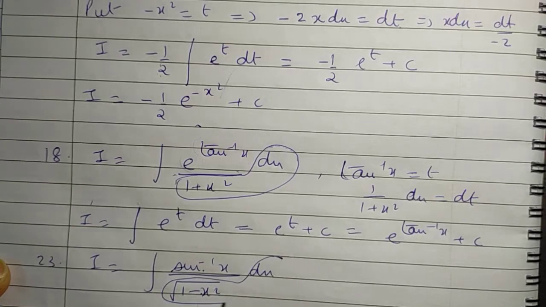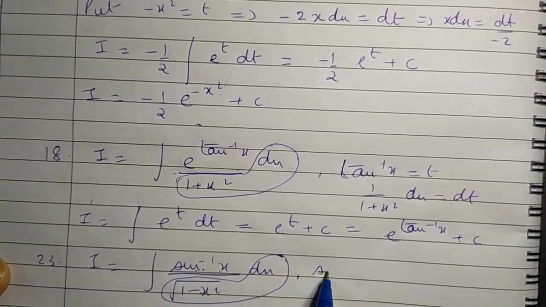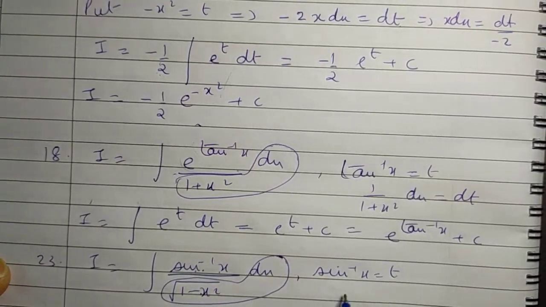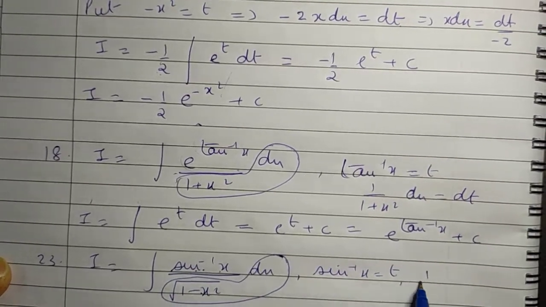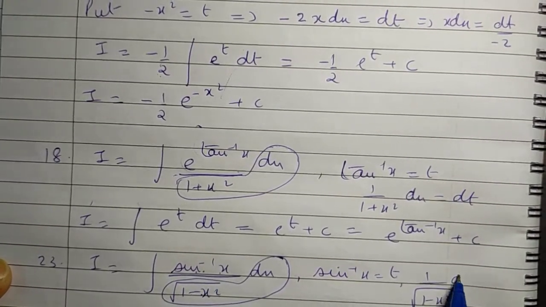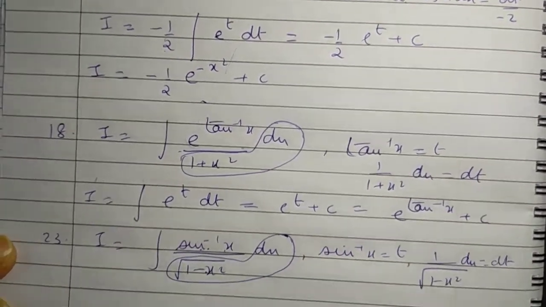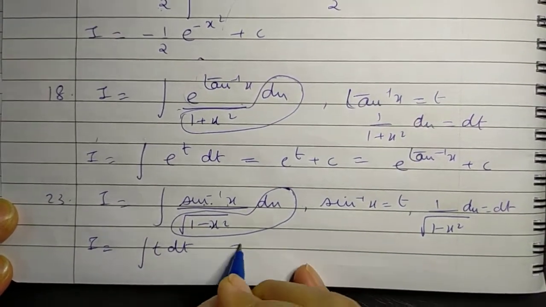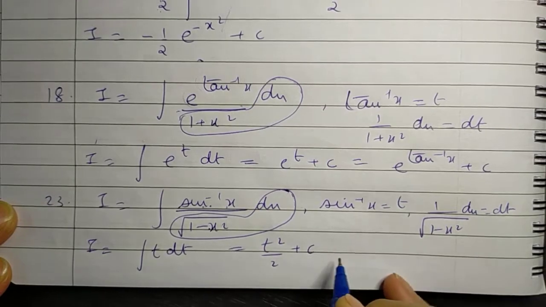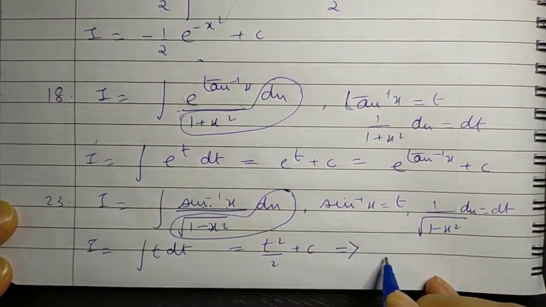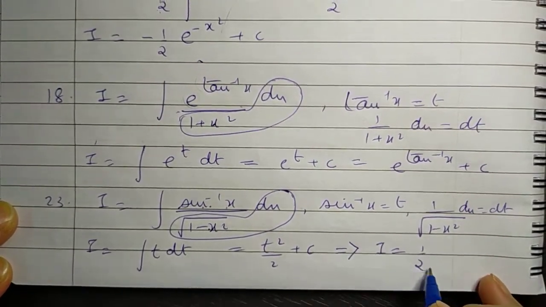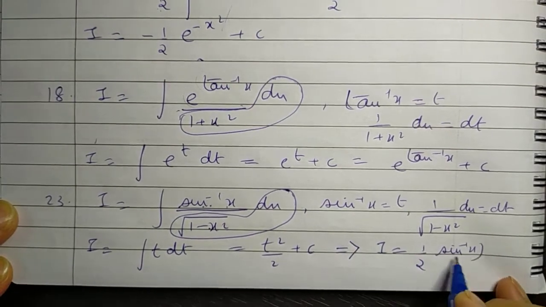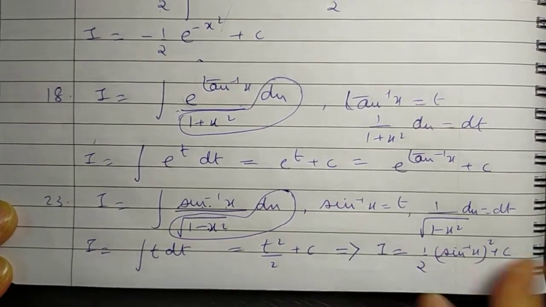So you put sine inverse x as t, and you get the needful, that is 1 upon under root of 1 minus x square dx as dt. And so the answer becomes the integral of t dt, which is t squared by 2 plus c, which on replacing back you get half of sine inverse x whole squared plus c.